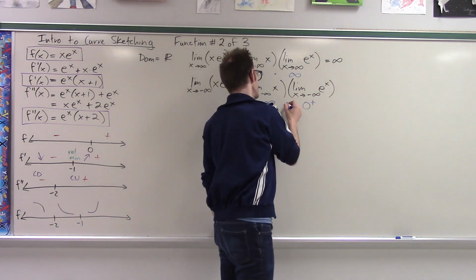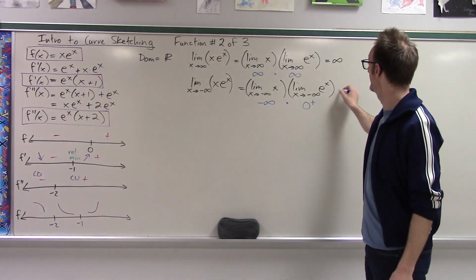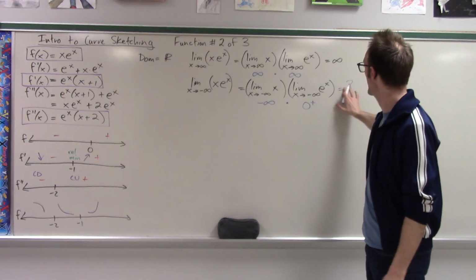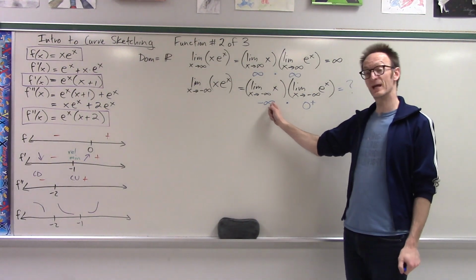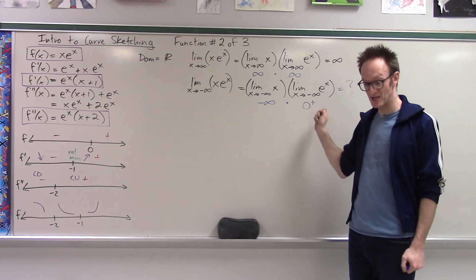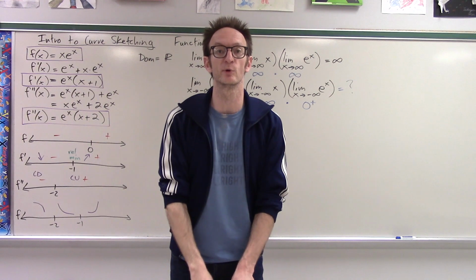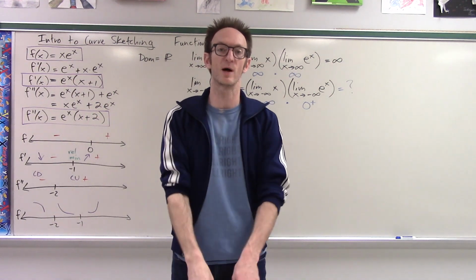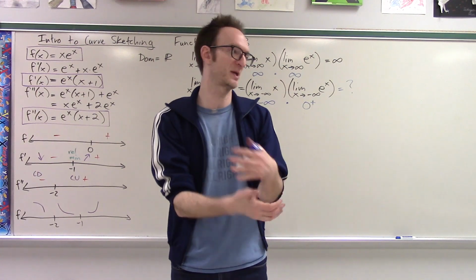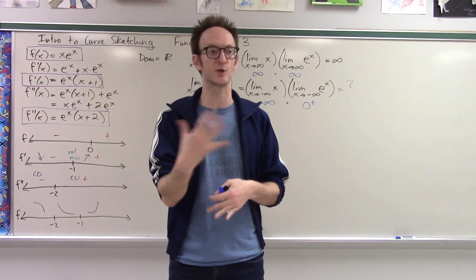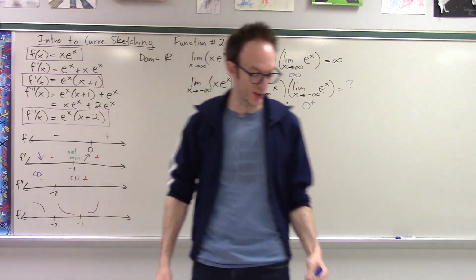So if you were only doing this kind of very superficial analysis, you might be very confused as to what the answer is here, because we are multiplying a huge negative number times a tiny positive number, and there is just no general rule for what to expect when you multiply a huge thing times a tiny thing. It could turn out to be huge, it could turn out to be tiny, it could turn out to be something in between. It could be 1, it could be 3, anything could happen.